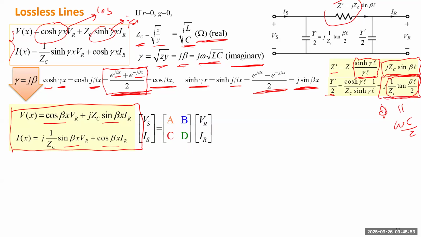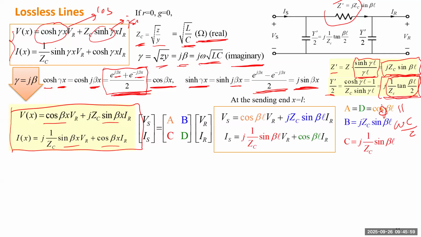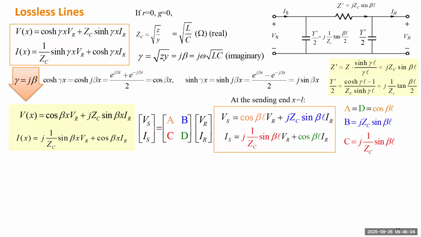And if we compare this to the transformation with matrix A, B, C, and D, we can match them by letting x be L. So we can match A, B, C, and D. In this case, because we take the pi model, not the gamma model, we split the admittance into half on both ends to make the model symmetric.